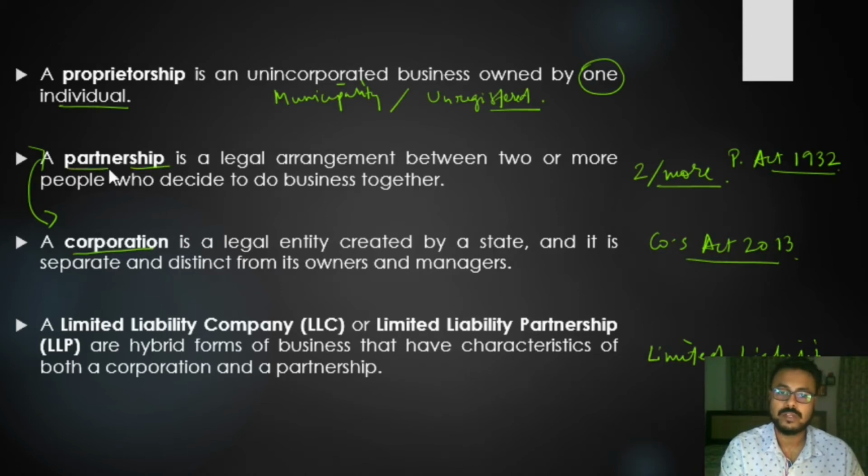There might be two or three or more persons who are establishing a limited liability company or limited liability partnership. This is the cross kind of thing between partnership and corporation. In partnership, the liability is unlimited. We'll discuss this limited and unlimited.